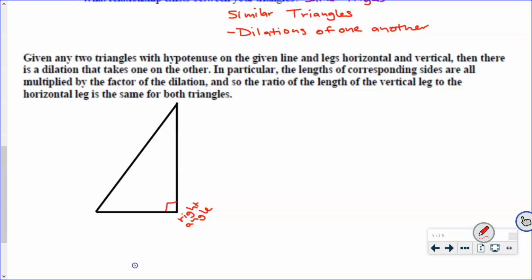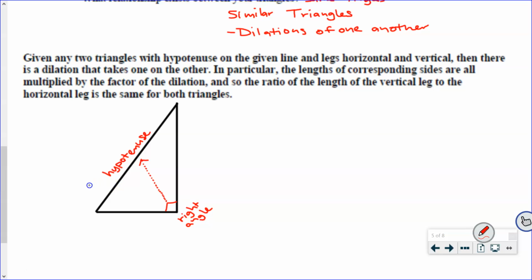And in a right triangle, it's a special kind of triangle because it has a right angle, and the side that is across from that right angle also has a special name. That name is hypotenuse. It's written down here, and I've written it up here.